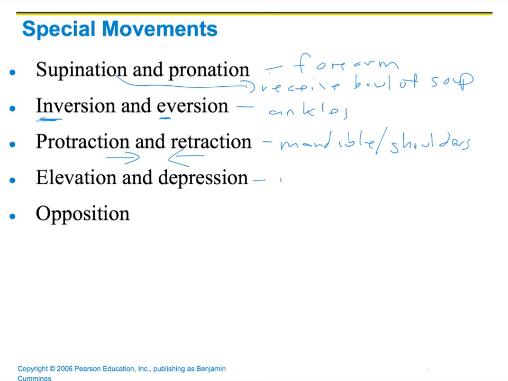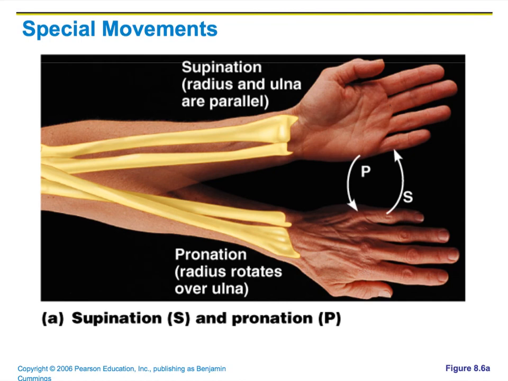Elevation and depression again can be demonstrated with the mandible and with the shoulders. Again, I believe there are pictures following that show this better than I'm speaking it. Opposition is done with the thumb. Sometimes you'll hear that primates are unique in that they have an opposable thumb, unlike your dog, for example, who cannot catch a ball.